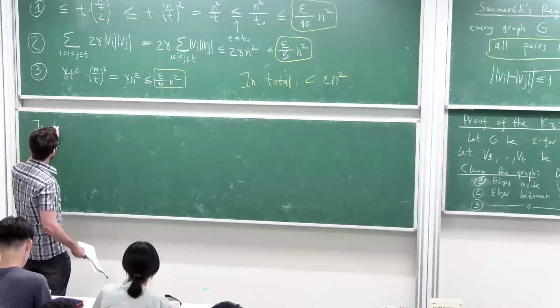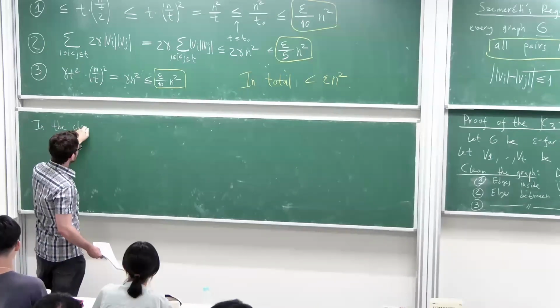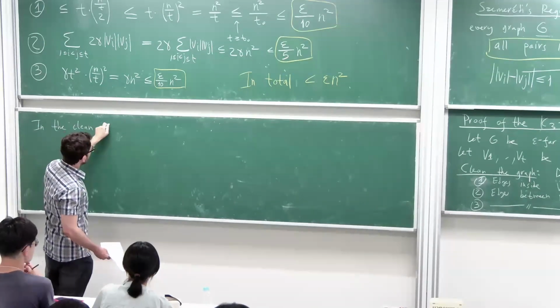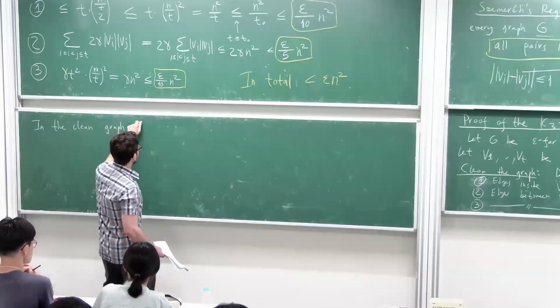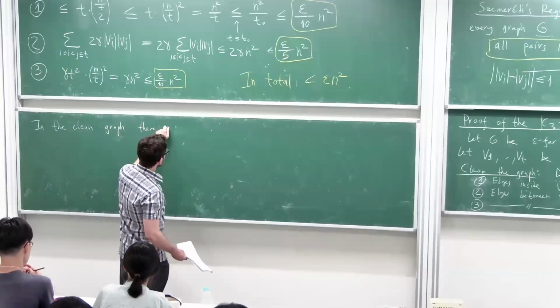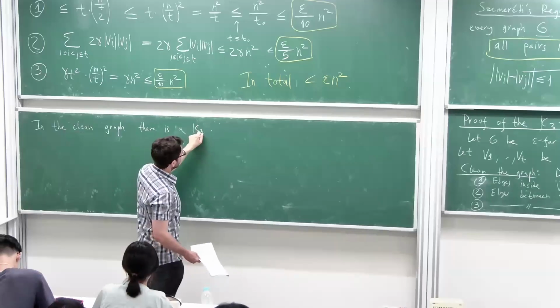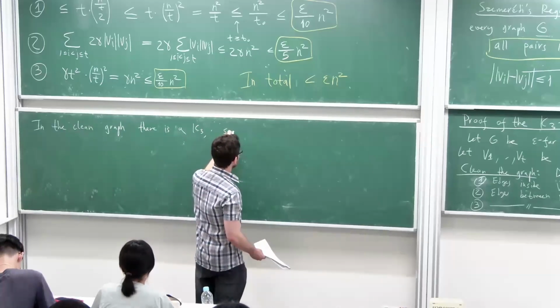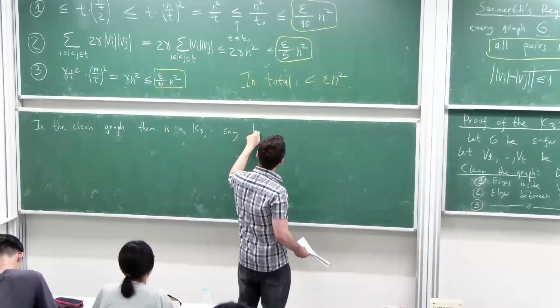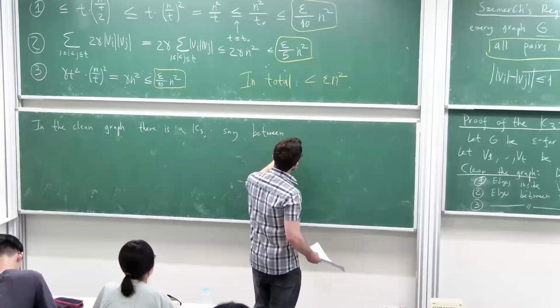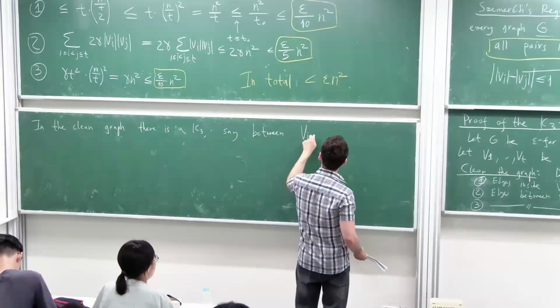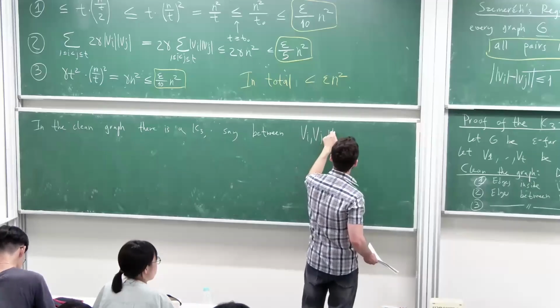In the clean graph, there is a triangle, let's say between VI, VJ, and VK.